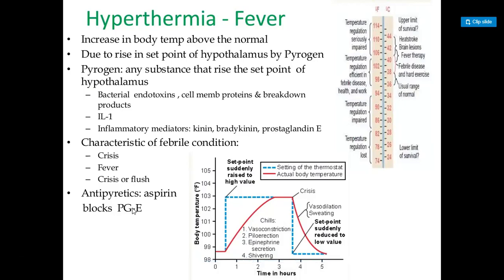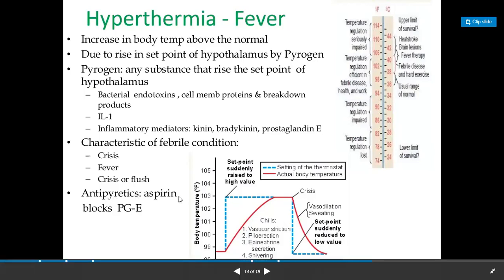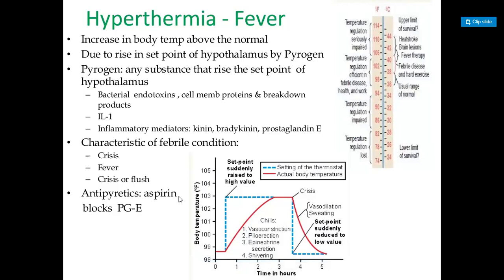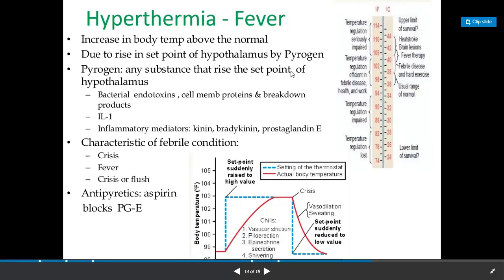When we start doing pathophysiology later, I will teach you the mechanism, how the antipyretics work, the enzymes that catalyze that reaction. I will explain all of that to you in the future, okay? But now you just need to know that pyrogens increase temperature, while antipyretics help to decrease the temperature by blocking prostaglandin E.